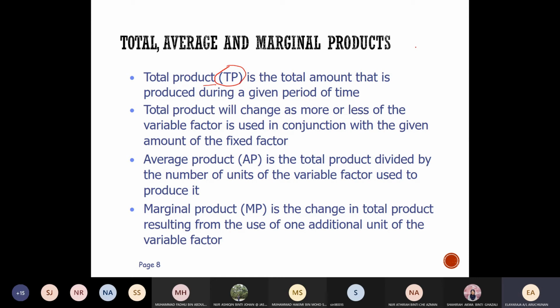Say, for example, Ahmad Zulhilmi, are you there? You are given 50 kilo of sugar, and I give you an assignment to suggest what can be done with the 50 kilo of sugar. You just come up with the products.